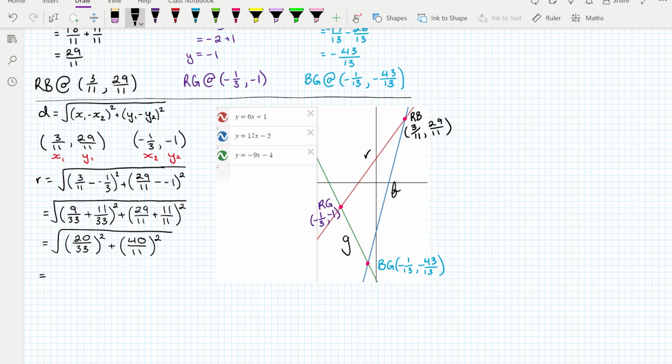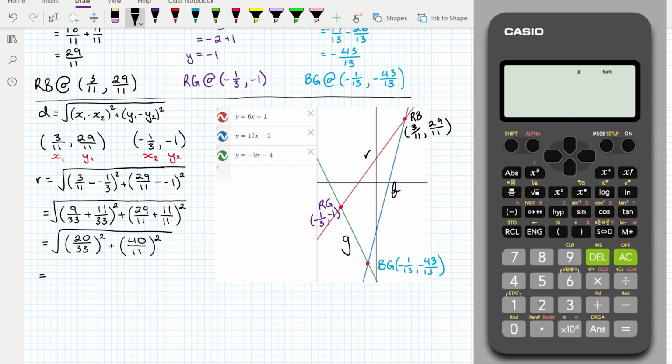At this point, I'm going to grab a calculator, and we're going to look at 20, oh no, I need brackets here, 20 divided by 33 raised to the power of 2, and that gives us 400 divided by 1089.